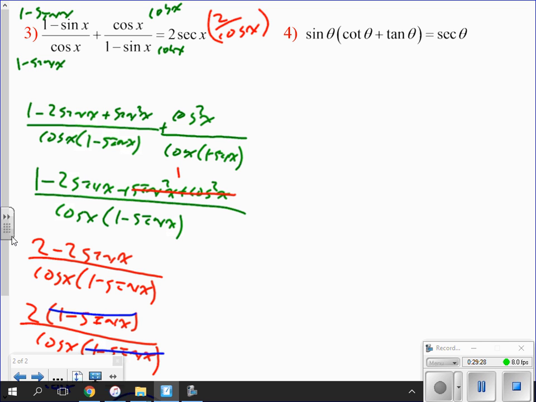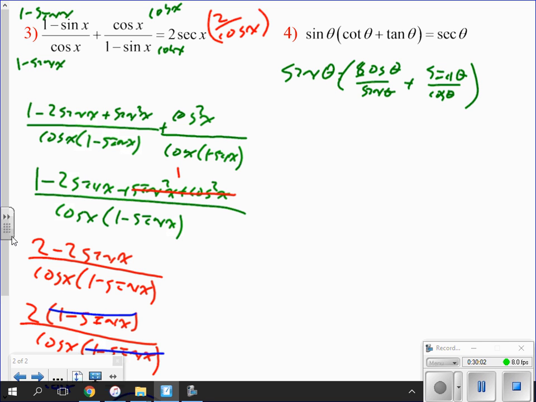Yeah, start on the left and take the cotangent and the tangent, right? And change them to sine and cosine. So I get the sine of theta times cosine theta over sine theta plus sine theta over cosine theta.